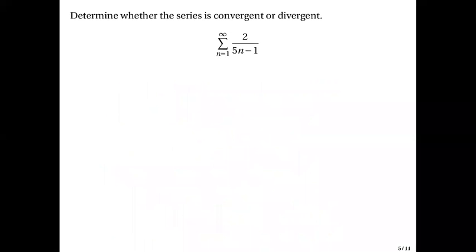Same. Determine whether the series is convergent or divergent. We have the series n equals 1 up to plus infinity of 2 over 5n minus 1. Okay? So in here, same process. You check all the conditions before you apply.